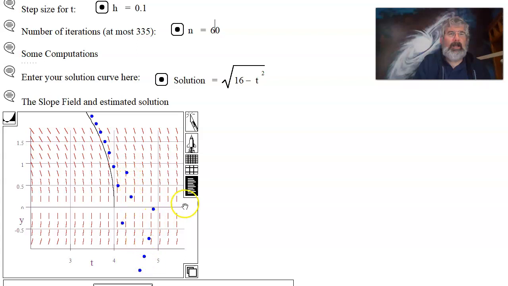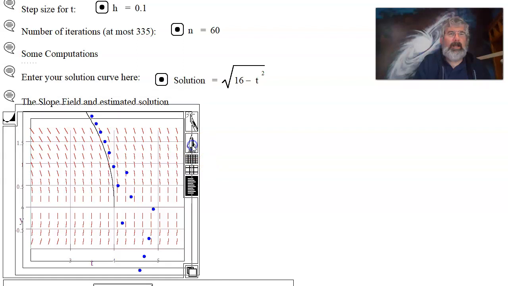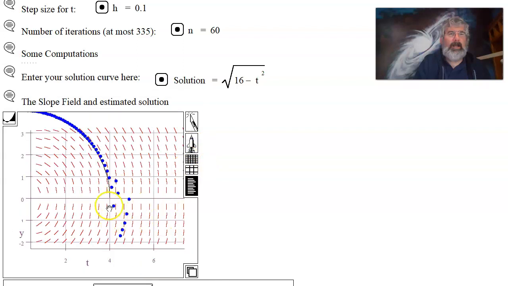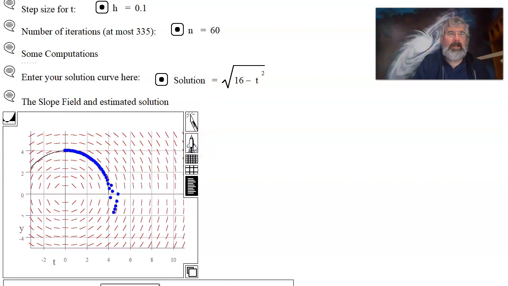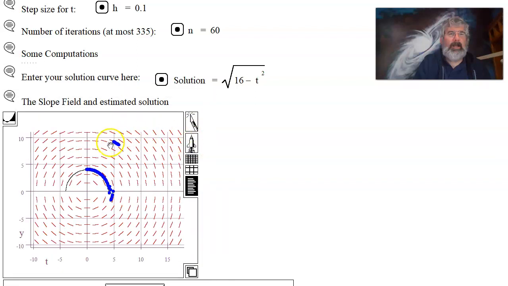And what's happening is you're following other solution curves. Once I get sent down here, there's a circle that's bringing me back up to here. Well, then that sends me probably even way up here, and then it's starting to follow down there.